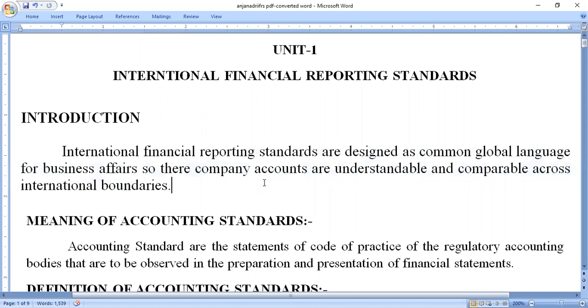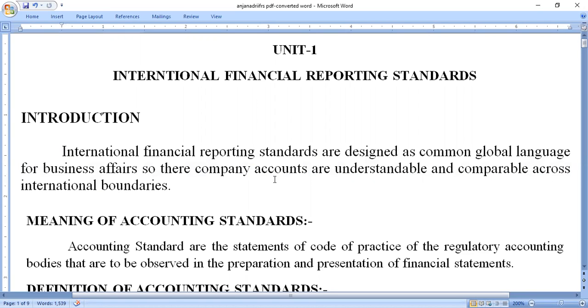international boundaries. So one question arises: why has IFRS been implemented? The main theme or objective in designing it is that it acts as a common global language for each and every business activity. Company accounts means the income statement or position statement, profit and loss account or balance sheet.